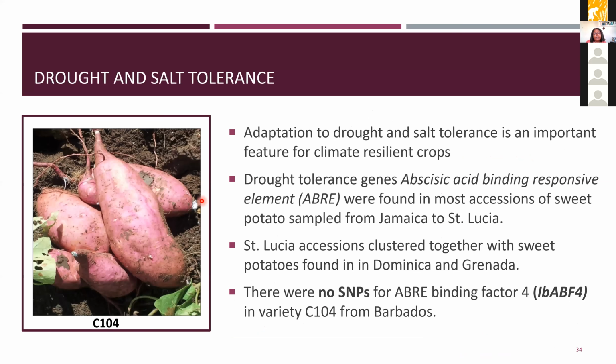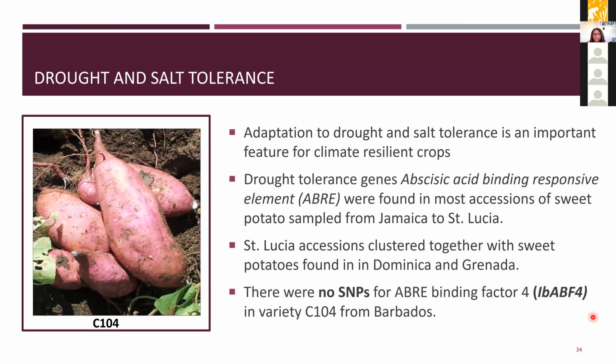When we looked at drought tolerance, we also got hits in the database from the genome browser. Again, we downloaded that gene that we found, which was the abscisic acid responsive element binding factor, or ABF factor, and it's abbreviated IbABF4.